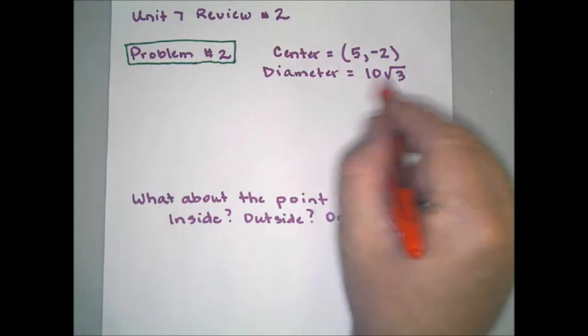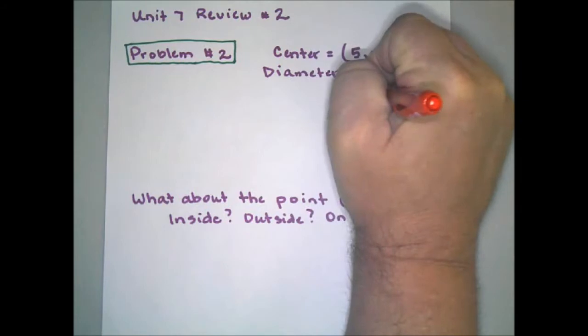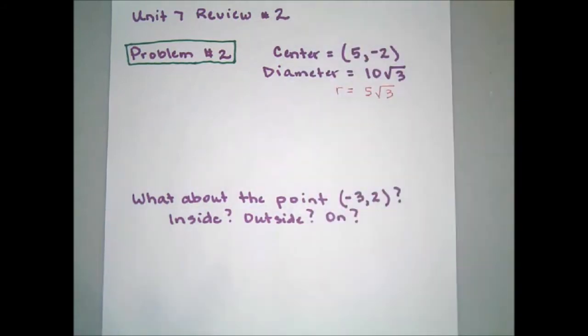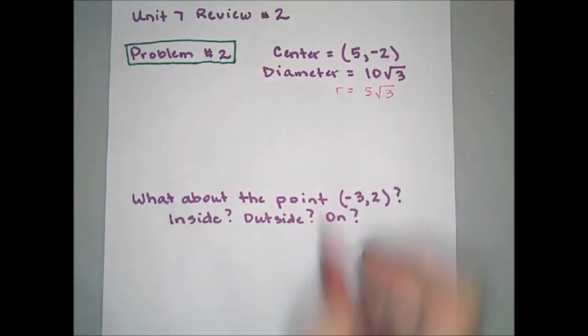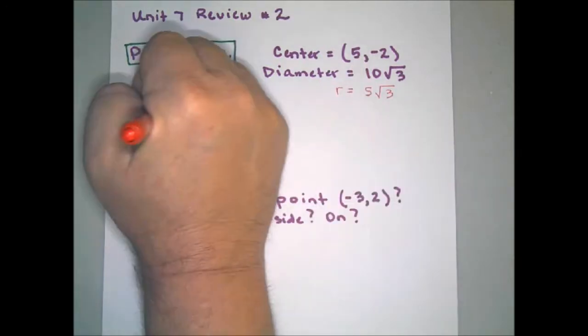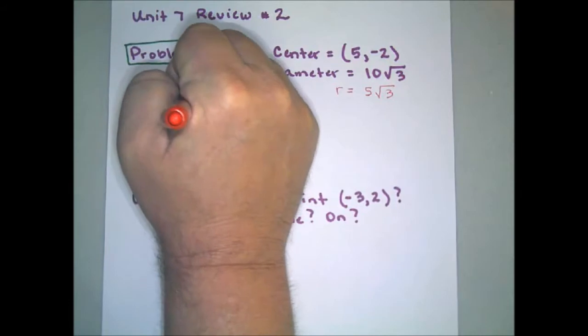So if the diameter is 10√3, then that means the radius is simply 5√3. Now, in order for the x-coordinate of the center to be 5, then the equation had to have been x minus 5 squared.